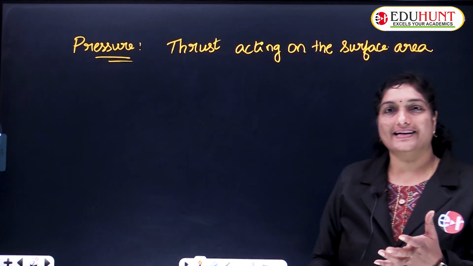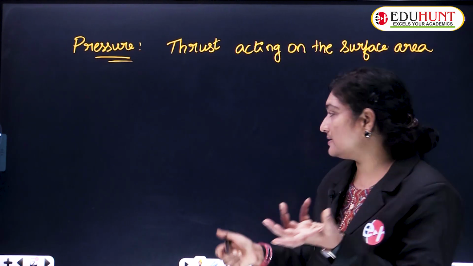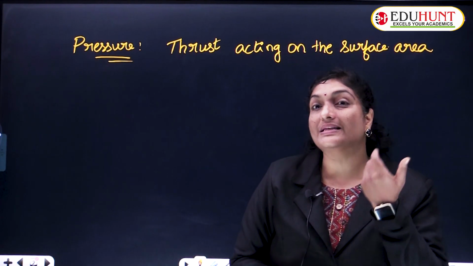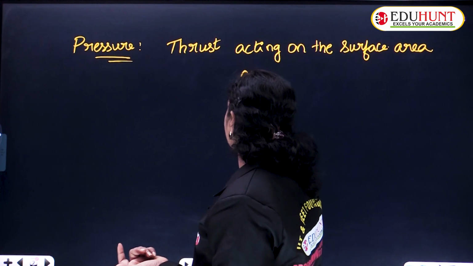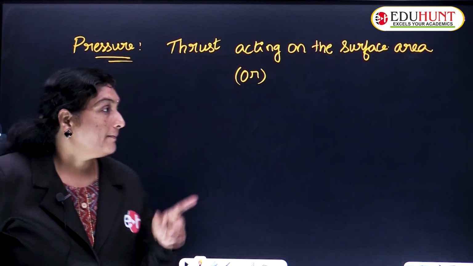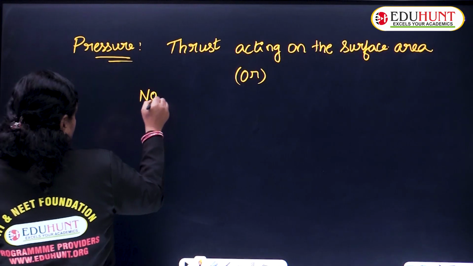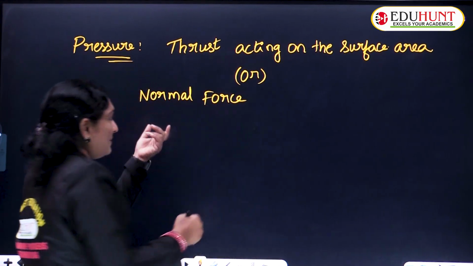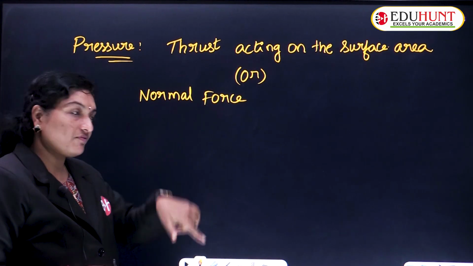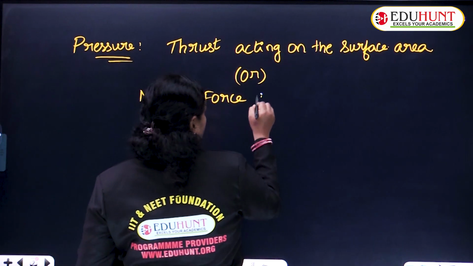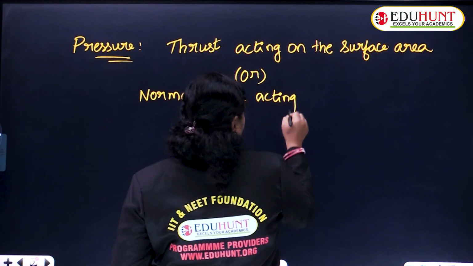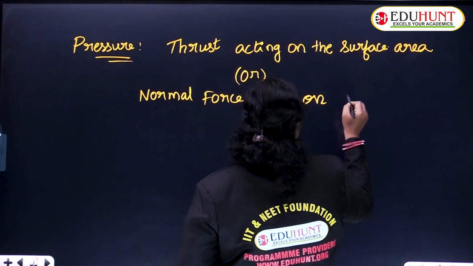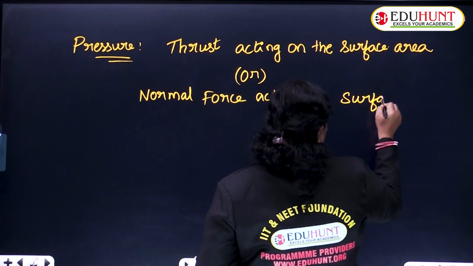So the thrust acting on the surface area, that means how much thrust is acting and on how much area, is defined as pressure. In other words, pressure can also be defined as the normal force, meaning perpendicular force, acting on unit surface area.